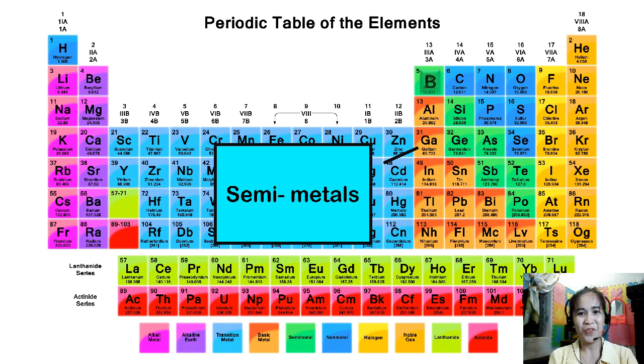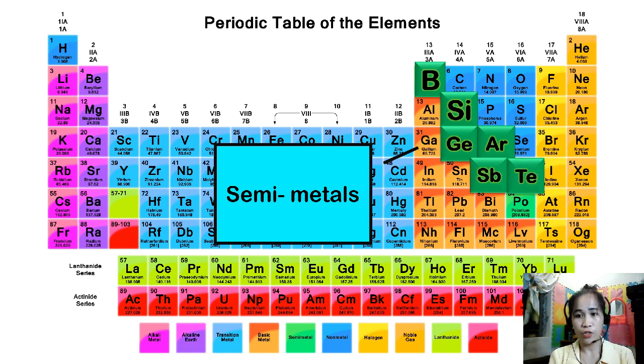Moreover, you have learned in grade 7 that the elements along the stair-step line are the semi-metals or metalloids, right? They are boron, silicon, germanium, arsenic, antimony, tellurium, and polonium.